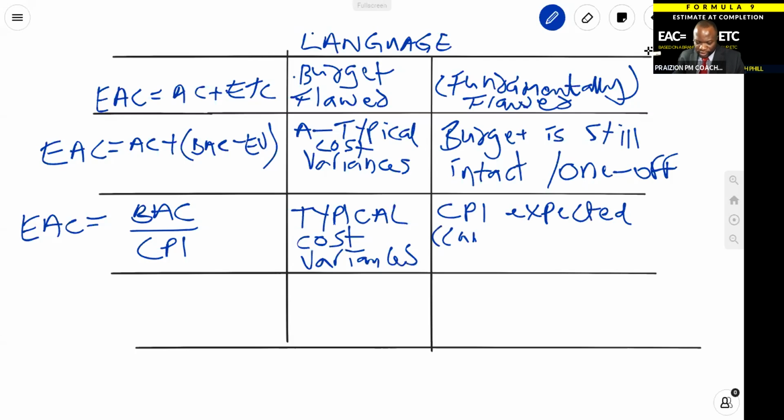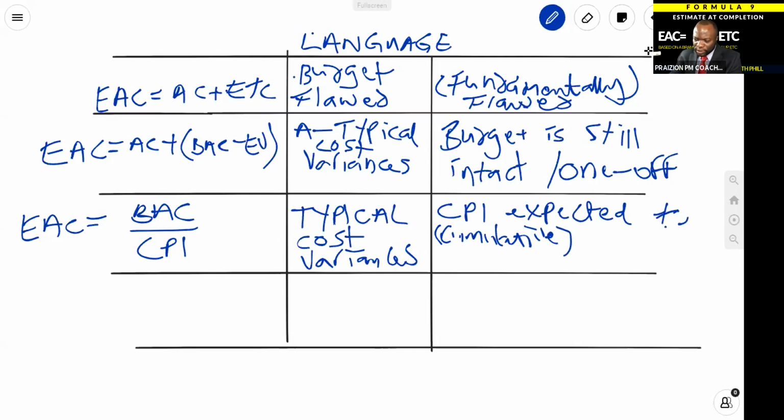My writing is becoming a little bit unbearable here. Let me see if I can get a smaller nib. CPI cumulative. Ooh, that's tough. Okay, CPI cumulative expected to continue.